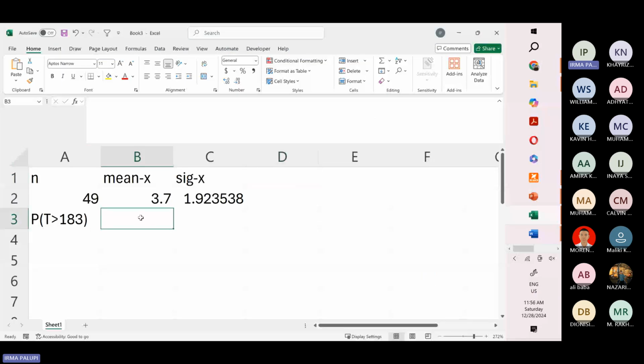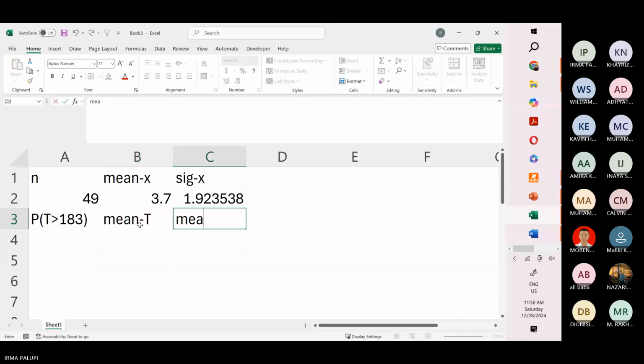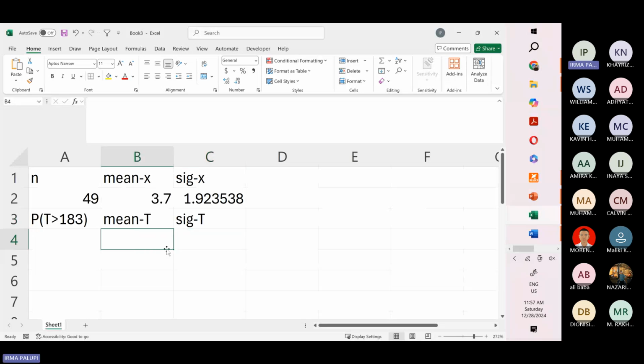And we need to find what is the mean for T. So for the total, the total mean equals the mean of X times the number of samples. So this is equal to this one times the number of samples.